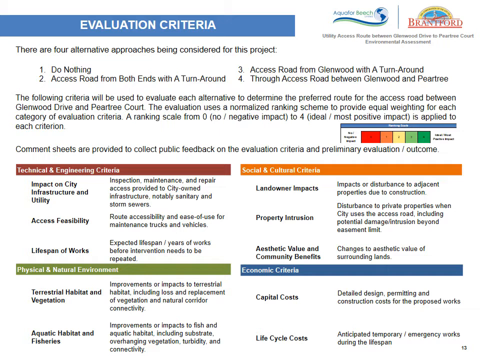These distinct criteria will be applied to 4 different alternatives that are considered that may provide access to the existing sewer along the length of the study area. In order to rank each alternative, a score ranging from 0 being no or a negative impact, through to 4 being an ideal or the most positive impact has been applied.